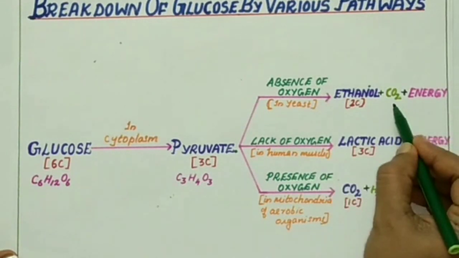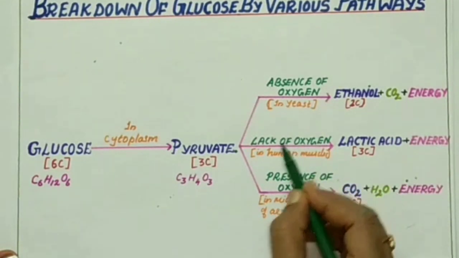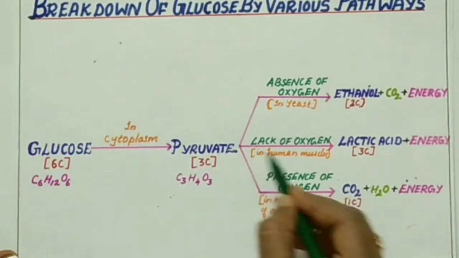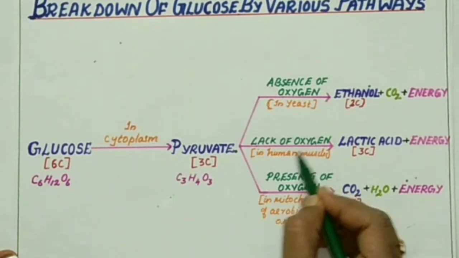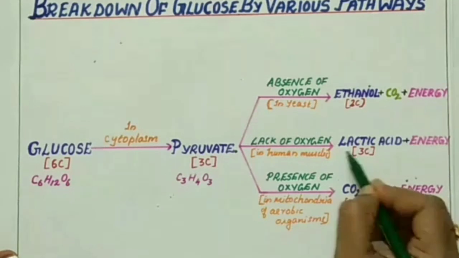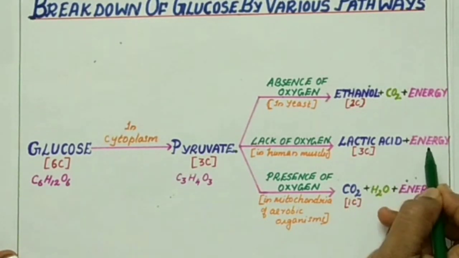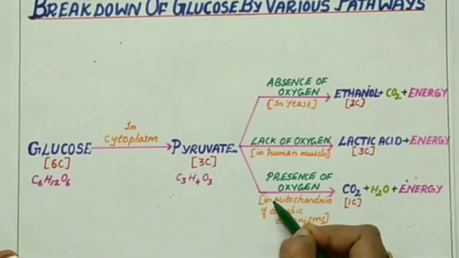Carbon dioxide is also released and some amount of energy is released. The next pathway is that pyruvate, in the lack of oxygen in human muscle cells, breaks down into lactic acid and energy.